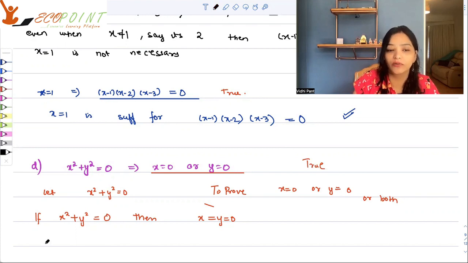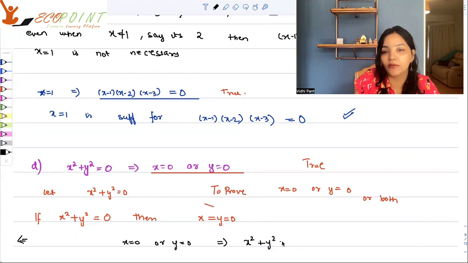We will look into the other way around. So the other way around would be x equals 0 or y equals 0 implies x squared plus y squared equals 0. Well, now what are we saying? We are saying either x is equal to 0 or y is equal to 0 or both of them are 0. That implies x squared plus y squared is equal to 0.